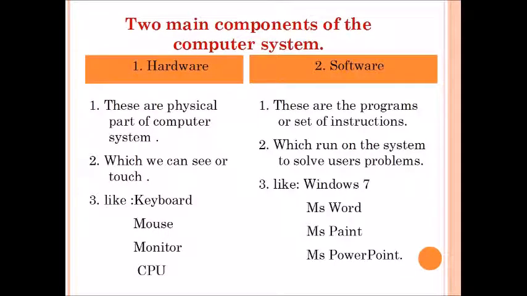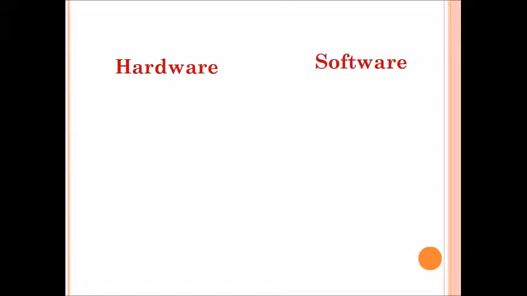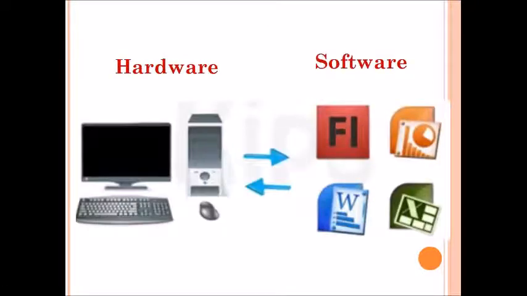Examples of hardware: keyboard, mouse, monitor, CPU. Examples of software: Windows 7, MS Word, MS Paint, MS PowerPoint, etc. Look here, these are the images of hardware and these are the software.